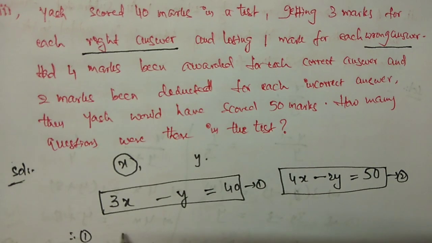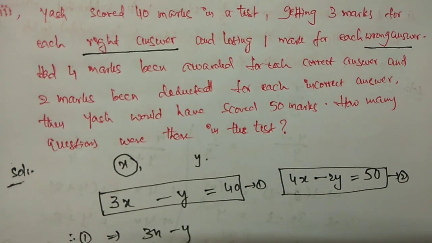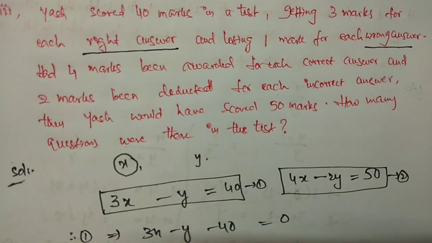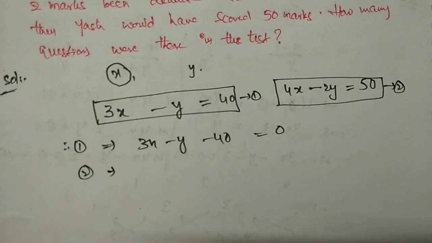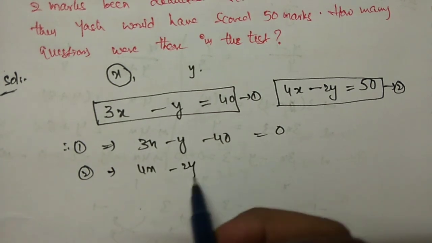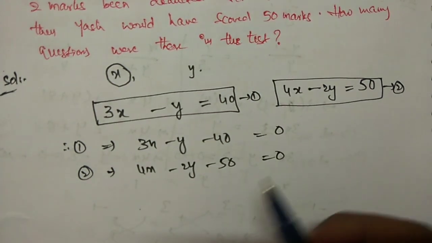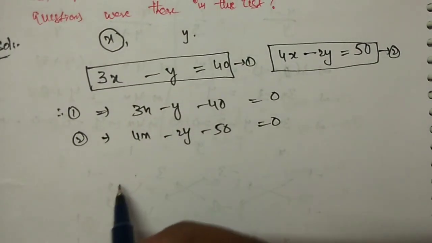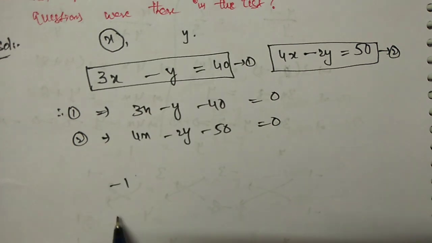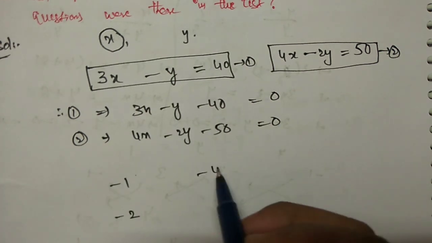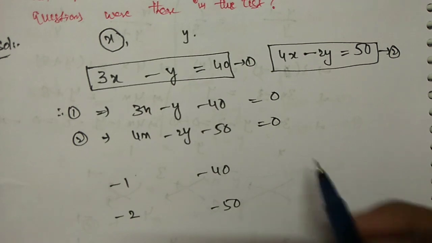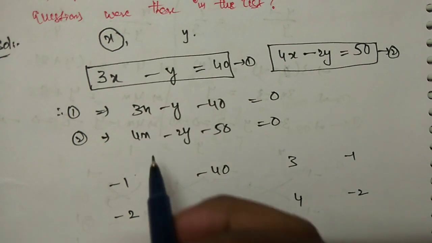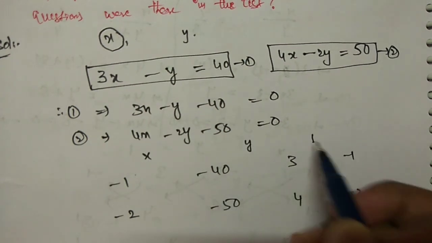So now we can write 1 implies 3x minus y minus 40 equal to 0. The second one is 4x minus 2y minus 50 equal to 0. Then using the cross multiplication method, let us write the y coefficients first: minus 1, minus 2, minus 40, minus 50, 3, 4, minus 1, minus 2. So this is x, y, 1.